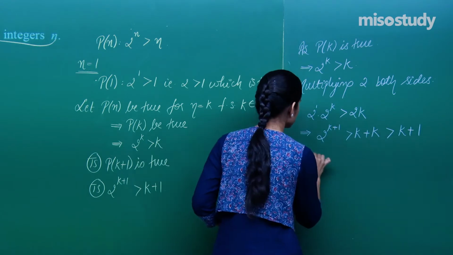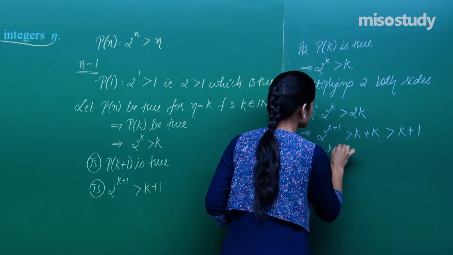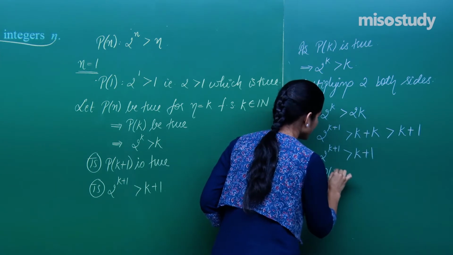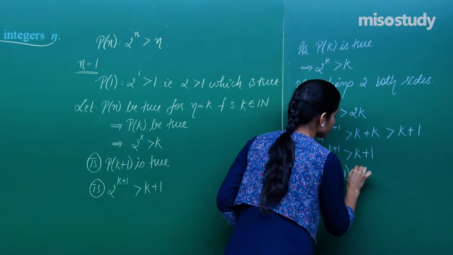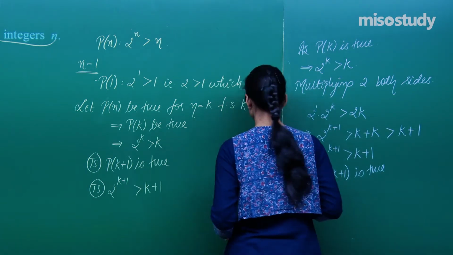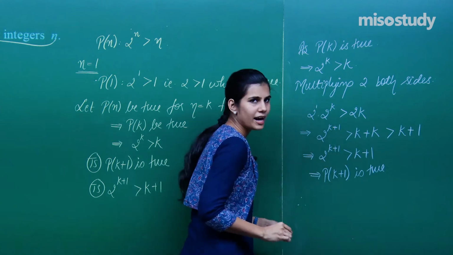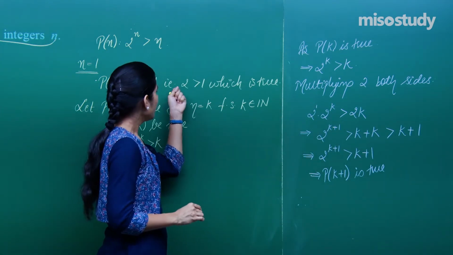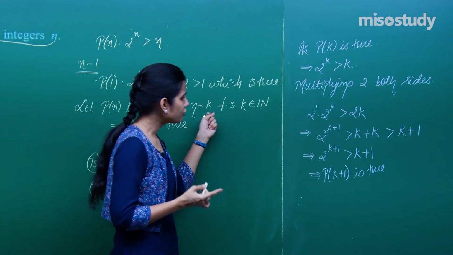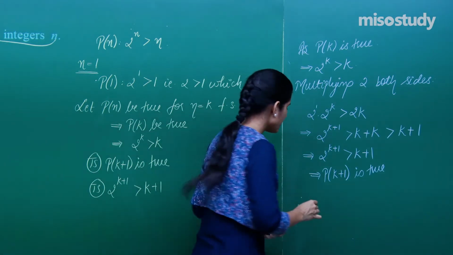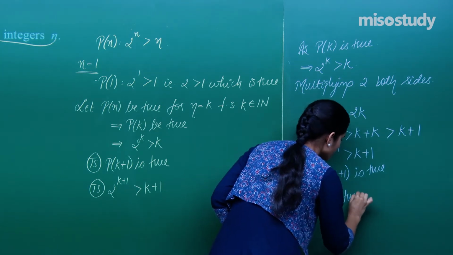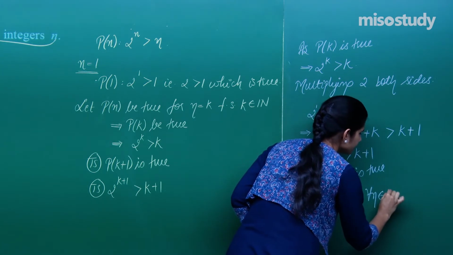And this implies 2 to the power k plus 1 is greater than k plus 1, which implies Pk plus 1 is true, because that is what I wanted to show. Therefore, P1 is true, assumed Pk is true, and with that I showed that Pk plus 1 is true, that means Pn is true for all n in N.